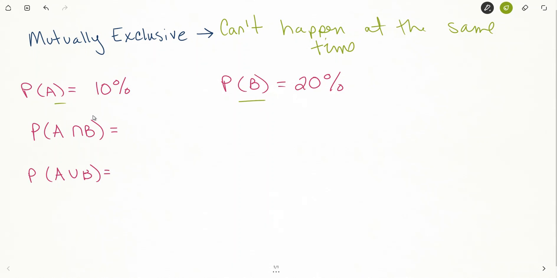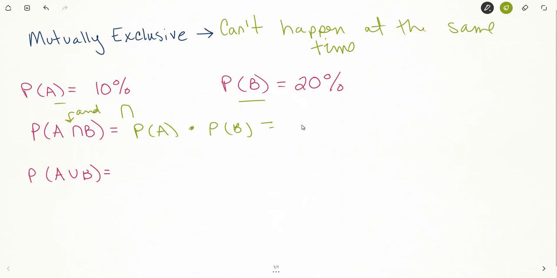So that's the probability of A intersection B, and that symbol like an upside down U, or a capital A without the line through it, is an intersection, and it means and. The probability of A and B is the probability of A times the probability of B.